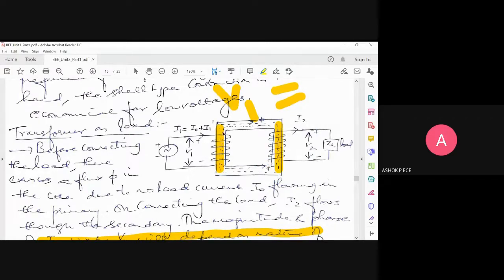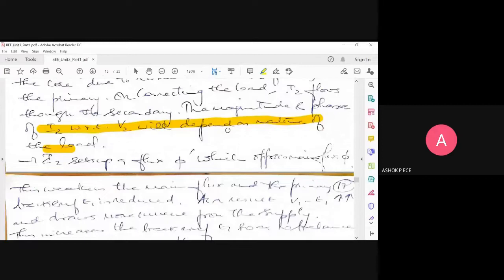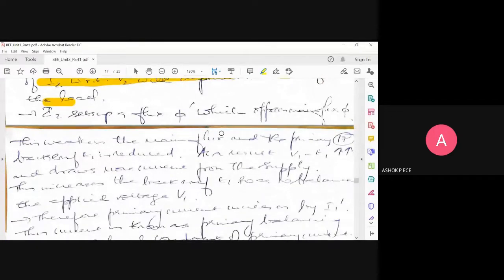The flux is generated by your primary, and the flux at the secondary is going to oppose the flux at the primary. So they are called phi and phi dash. Phi is the primary flux and phi dash is the secondary flux. So the effective flux will be phi minus phi dash. Just as we said the effective voltage will be V1 minus E1, the effective flux will be phi minus phi dash.